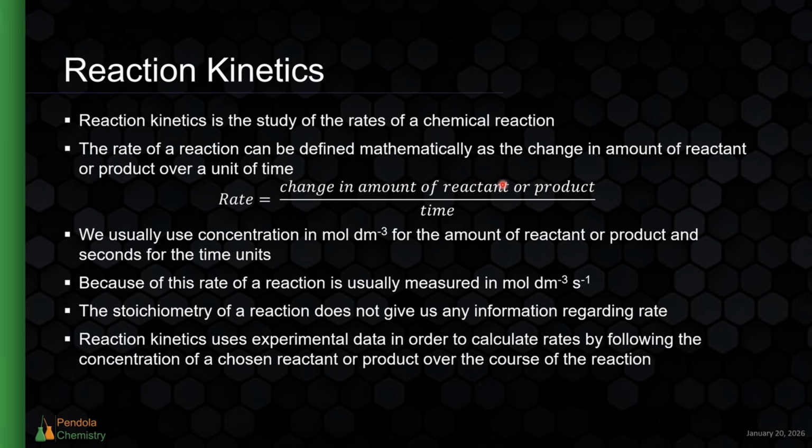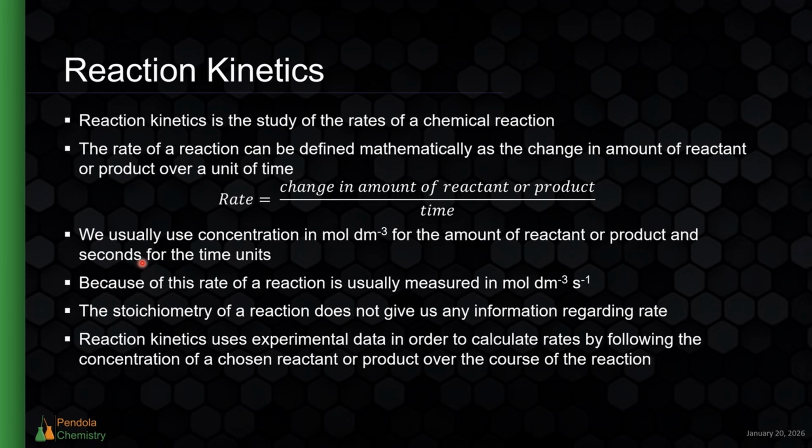Now, the change in amount of reactant or product is usually going to be measured in units of concentration. So the units are going to be moles per cubic decimeter for those reactant or product concentrations, where we divide by the amount of time that the change in concentration takes, which is usually going to be measured in seconds.